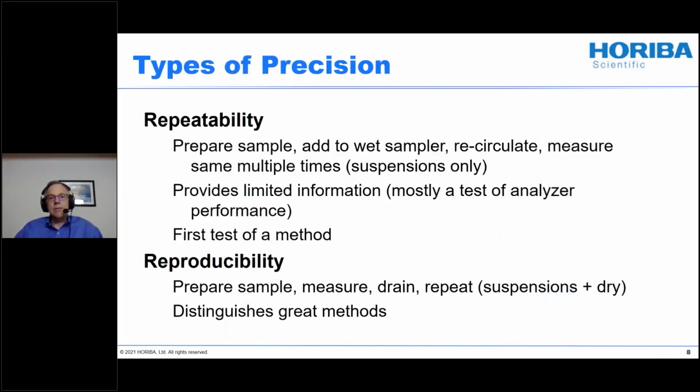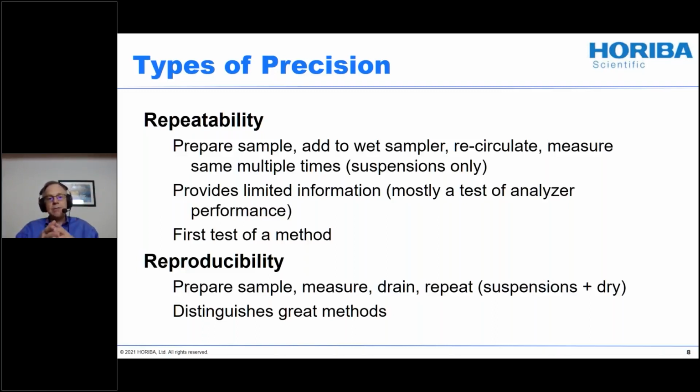Continuing the theme, and really pushing into where I'm interested here, is types of precision. There are two ways to think about your precision. The first is repeatability. You prepare a sample, you add it to your system, you measure, you get a result, you press measure, you measure it again. You just recirculate it and keep measuring multiple times.